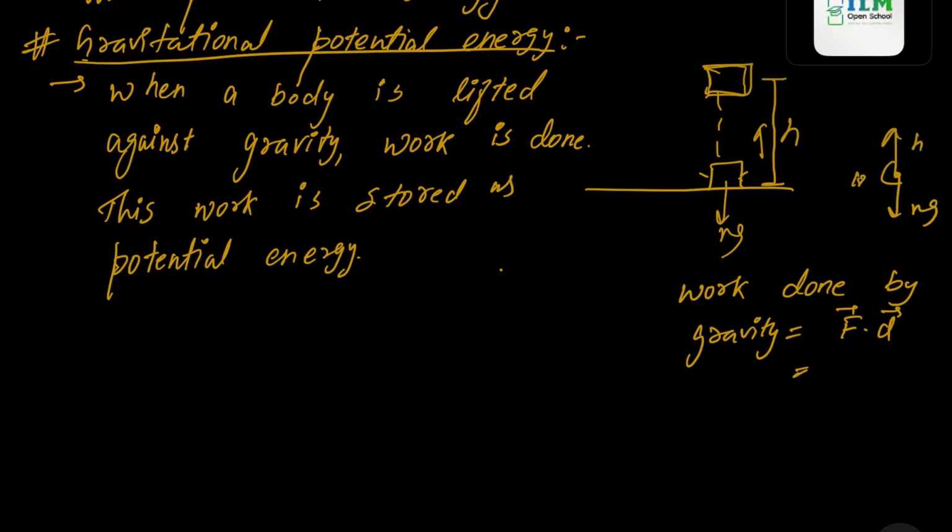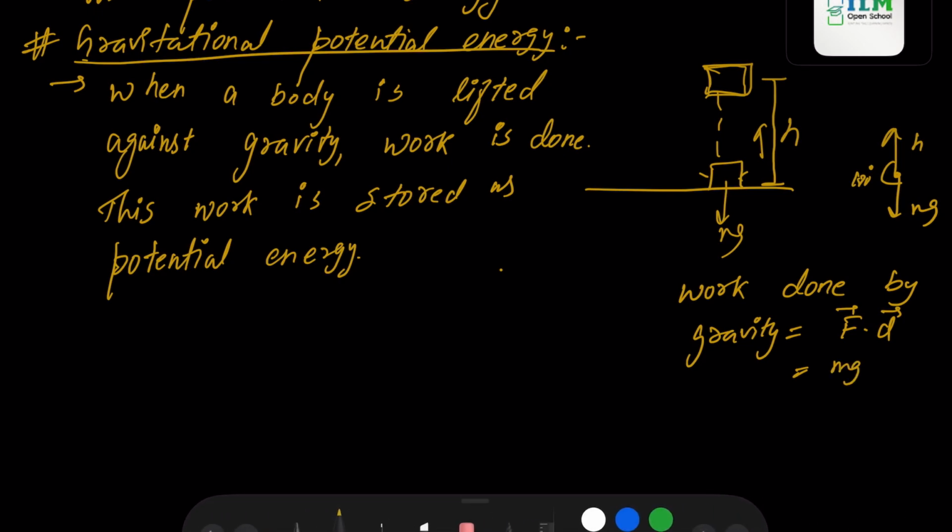So here the angle is 180 degree. I'm writing it very clearly: it comes to F d cos theta, where theta is the angle between force and displacement. So F is mg, d is displacement, and the angle between force and displacement is 180 degree.